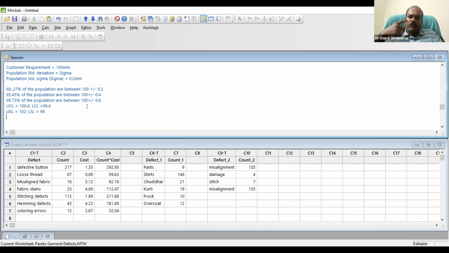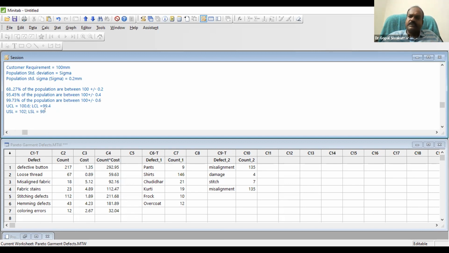Now what do you understand? 99.73% of your population are between 99.4 and 100.6. But with respect to the specification limit, almost everything your company has produced in the last 5 years is always within the specification. Am I correct? Yes. According to the theory, 99.73% is damn sure within 99.4 and 100.6.